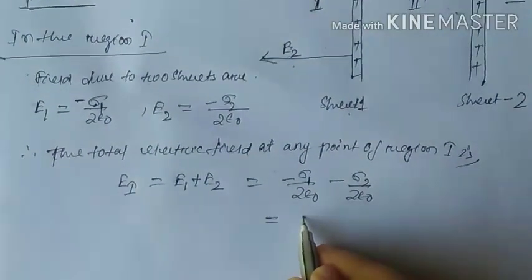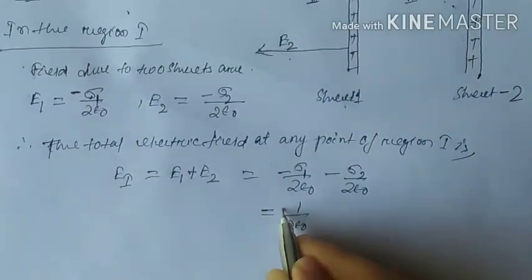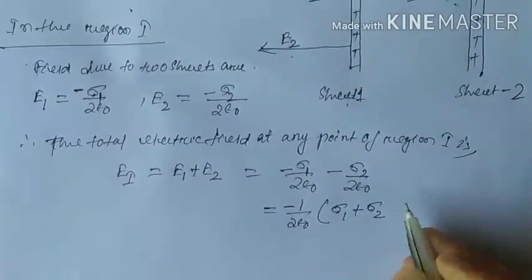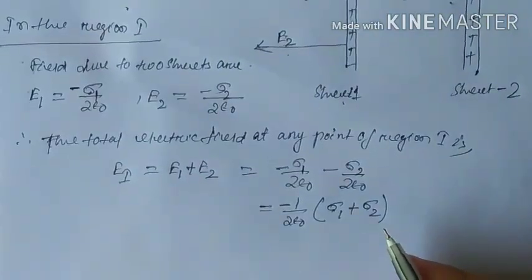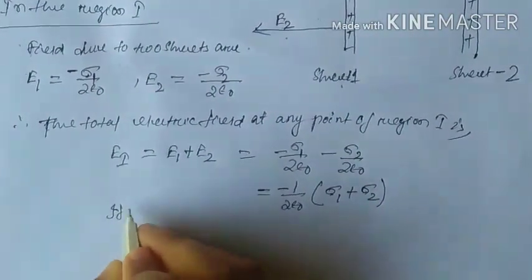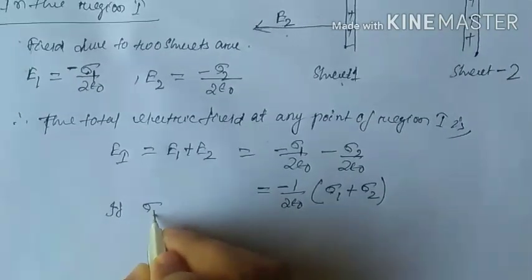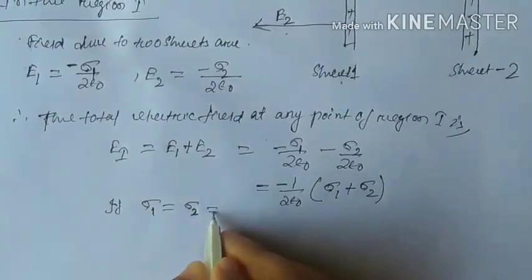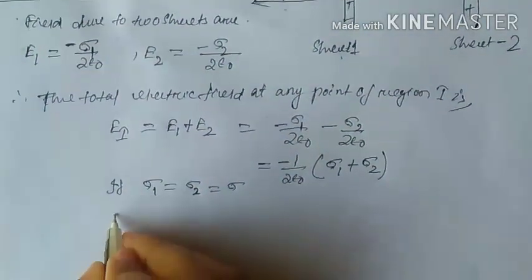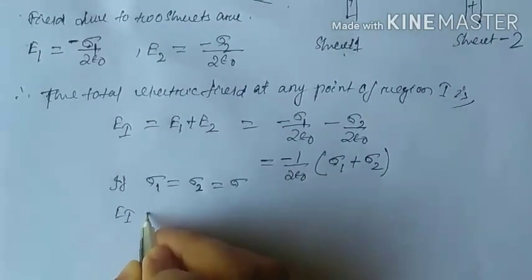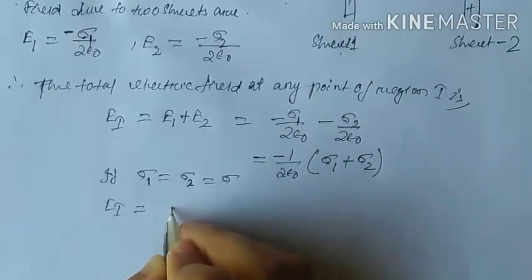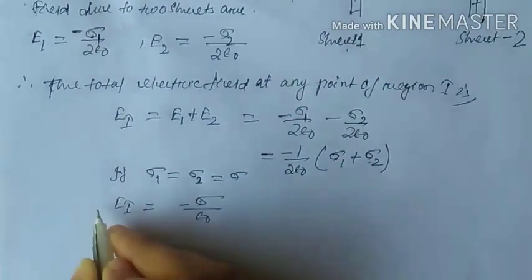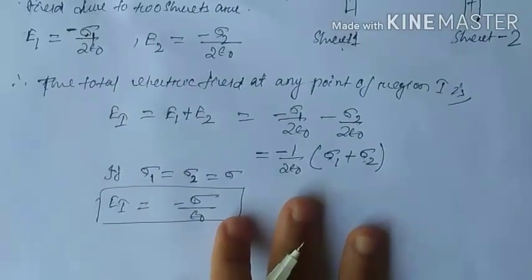So what we can write? Minus 1 by 2 epsilon naught, also we can take it out, then this is sigma 1 plus sigma 2. Suppose at any case, if sigma 1 is equal to sigma 2, let it be, we can take another constant value, let it be sigma, then in that case the electric field equation may be something like this: sigma 2 getting cancelled, that is minus sigma by epsilon naught, right?